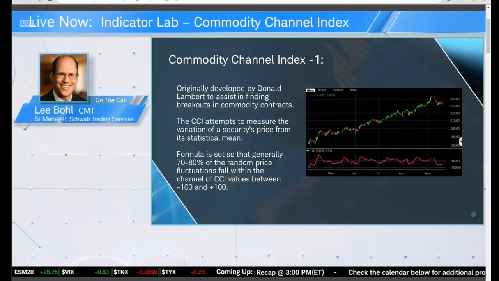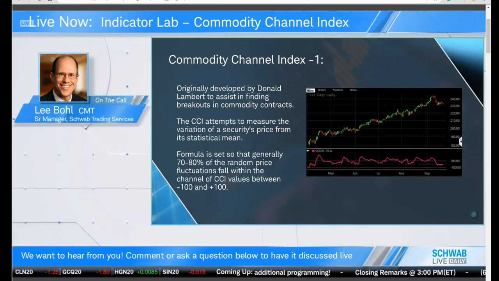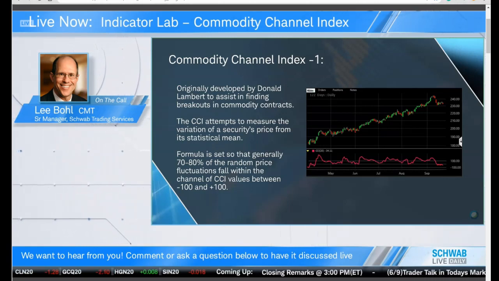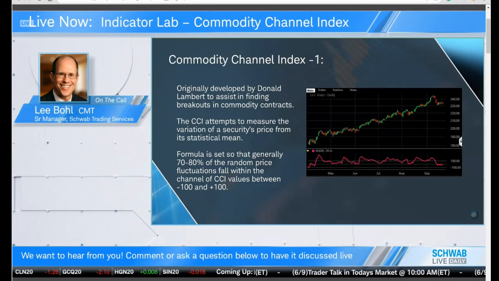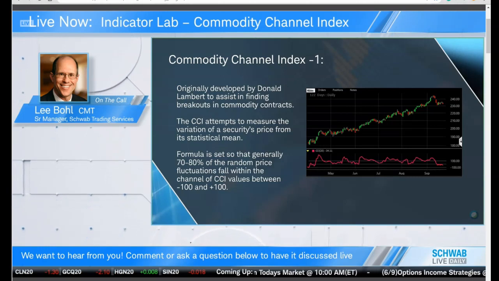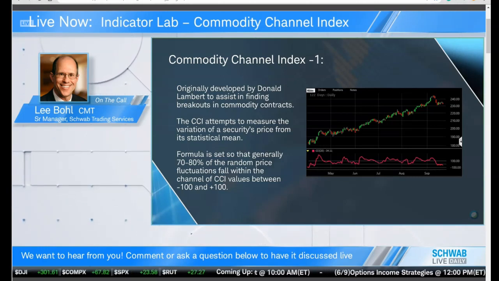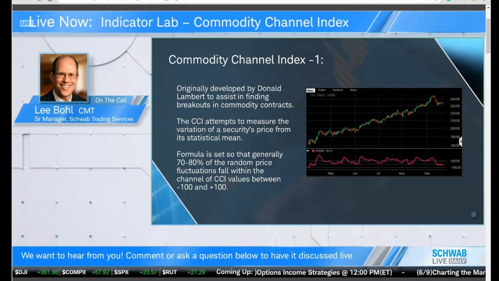But of course, people use it for equities as well. What he attempted to do was simply try to see if something is moving away from its statistical mean price. He did all these calculations on a Texas Instruments handheld calculator, which was kind of state of the art back then in 1980. Very interesting.